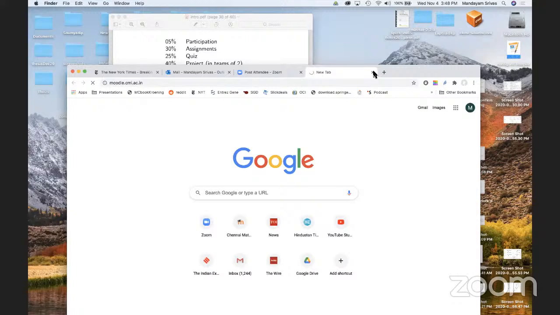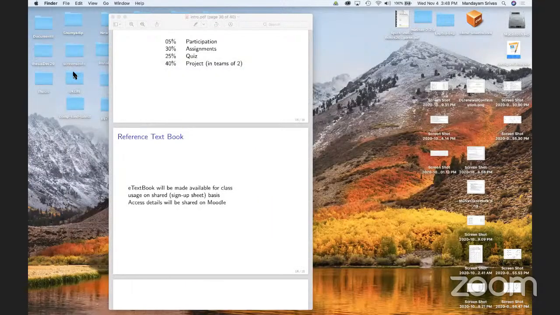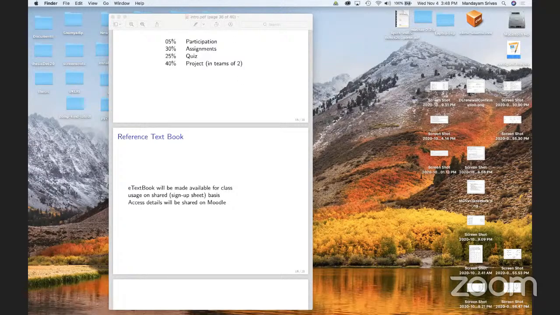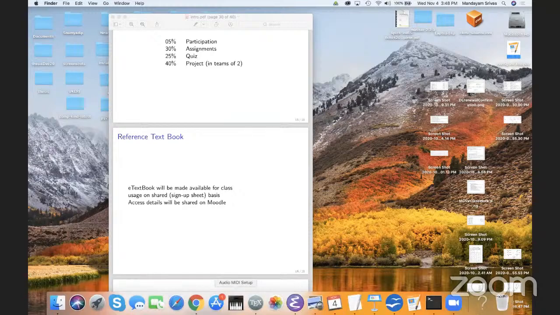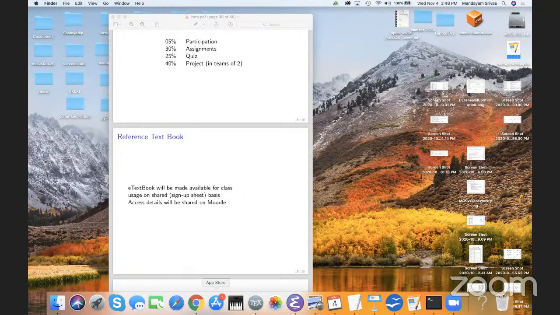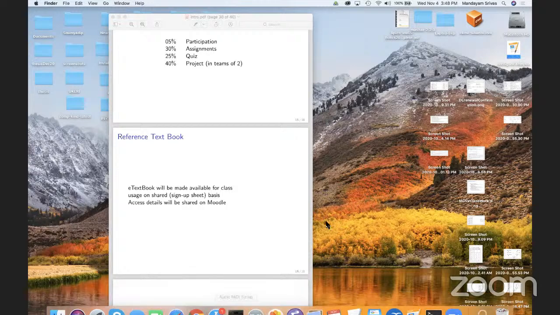So Moodle is slow sometimes. I'm pretty sure that thing is there. It's not there, huh? Decision procedure book. I remember some link to that book. Otherwise, I will upload it.